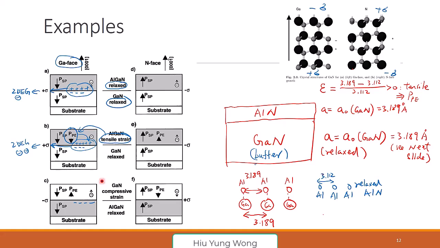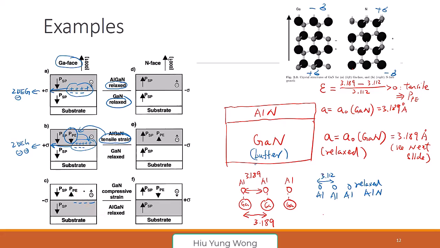I mean, aluminum gallium nitride, not gallium nitride. So 1, 2, 3, 4 is stronger. Do you see? This material is gray. This equal to this. This equal to this. Make sense? Okay.